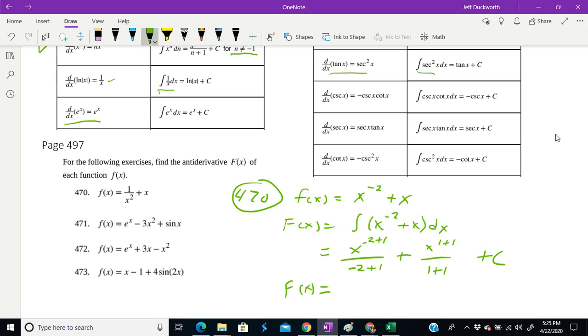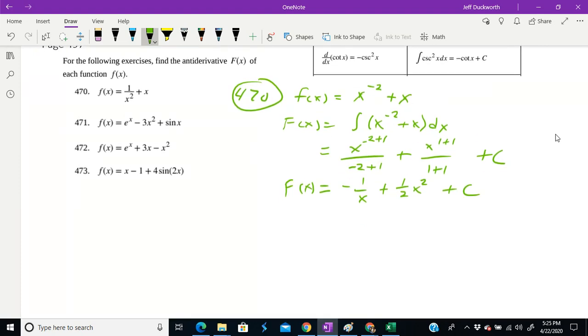I've got a negative here, so that's -1 over x. This one here will be x squared over 2, which is 1/2 x squared, and we still have our c. So that's number 470. Let's scroll down a little bit and attempt 471.